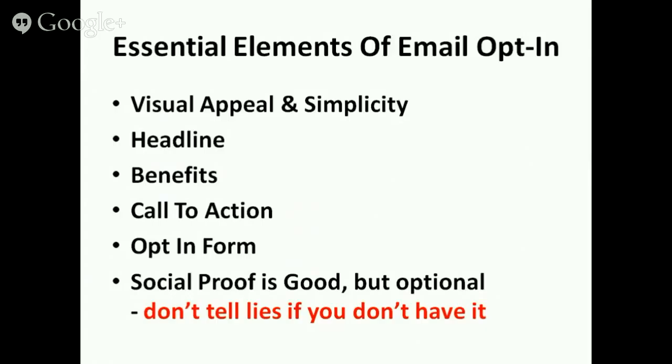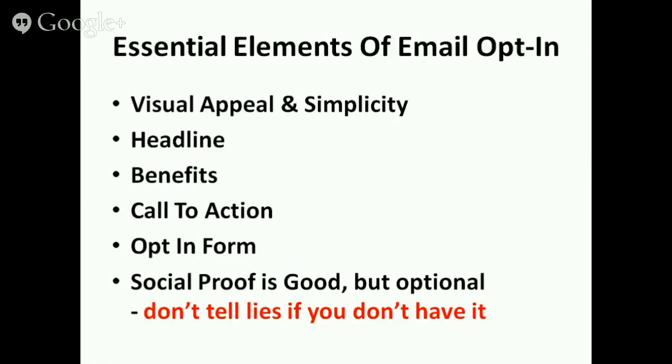Then there's the more standard elements of an email opt-in page, which is a great headline. You transmit some benefits, and we'll get some specifics there later. A call to action, an opt-in form, and social proof. But social proof is only there if you actually have it. And if you don't, that's okay. The other parts will work just as well.